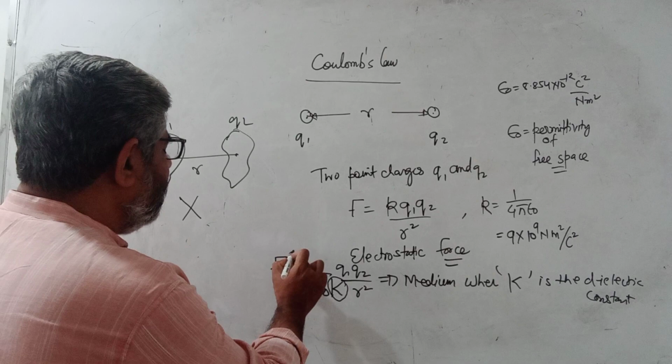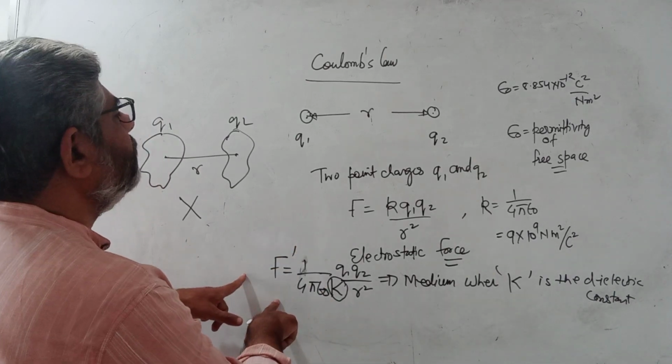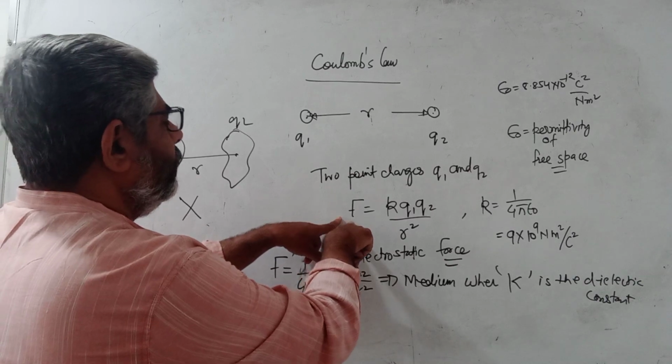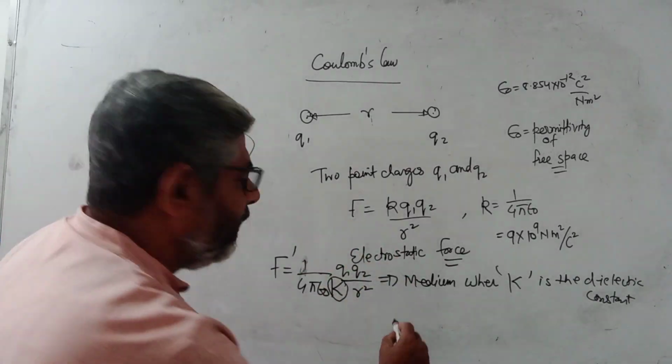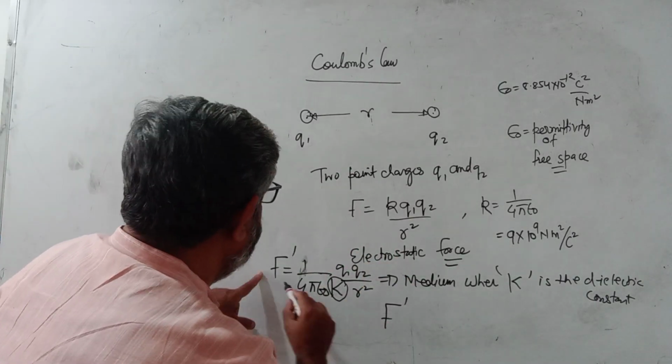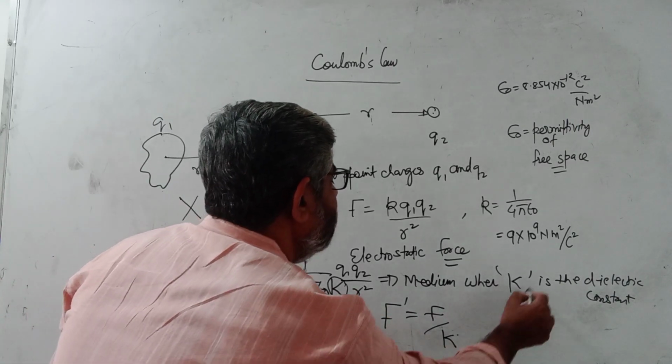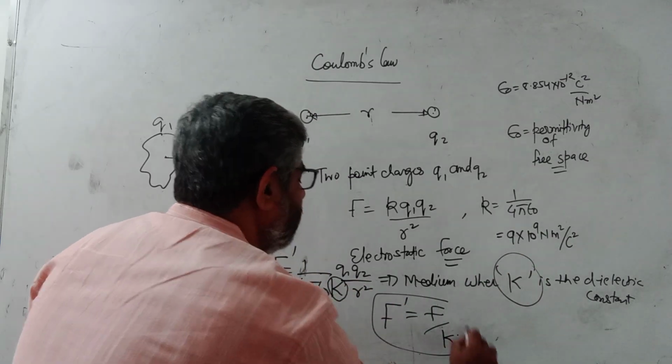So if I call it F dash, and F dash is the force in some other medium and F is the force in vacuum, you can clearly see here that F dash, this force in some other medium, is F upon capital K, where K is the dielectric constant. Now what is the meaning of this?